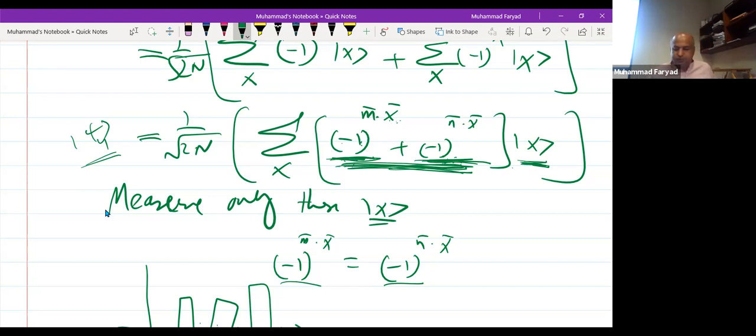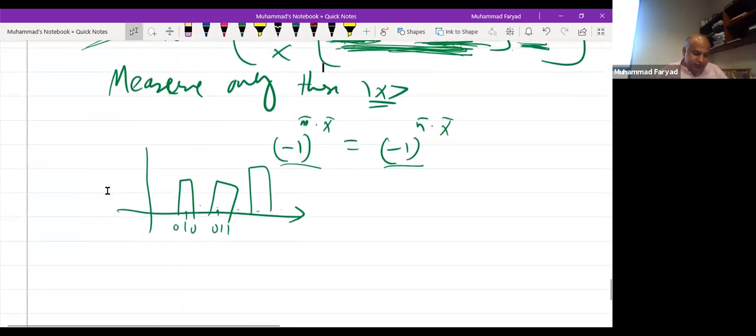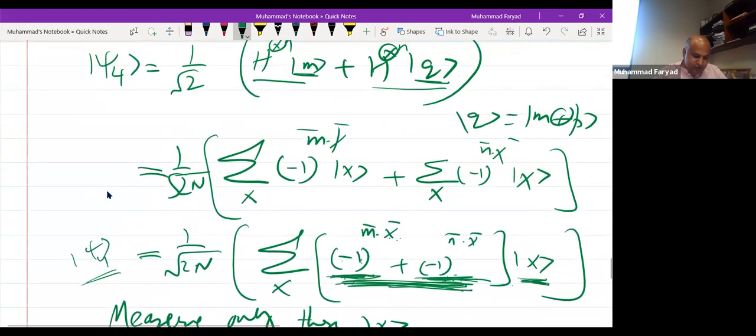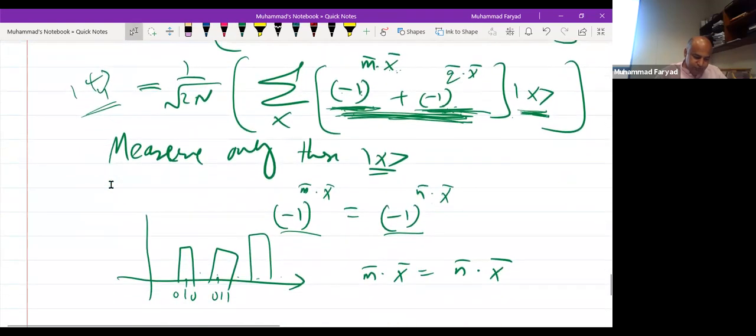All right. So this means that if this is equal to this, this can only happen if m dot x is equal to q dot x. Sorry, I was again using this n, but I should have been using q here, because I changed the state to q.